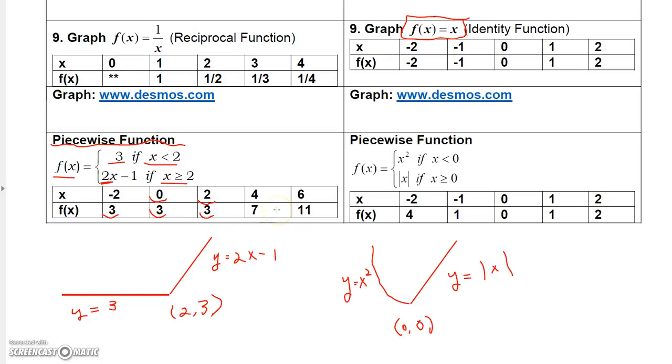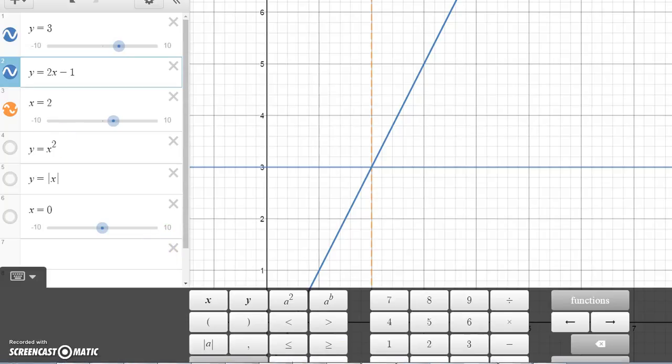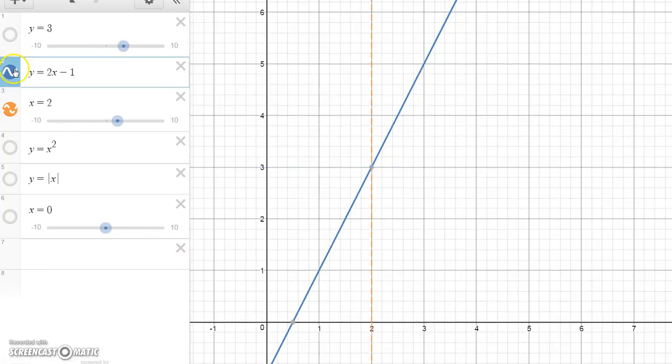Some strange things will happen if you were to plug these in on the graph, but let me show you graphically what's going to happen. Okay, so y equals 3. Let me show you where x equals 2 is. This vertical line is where x equals 2.